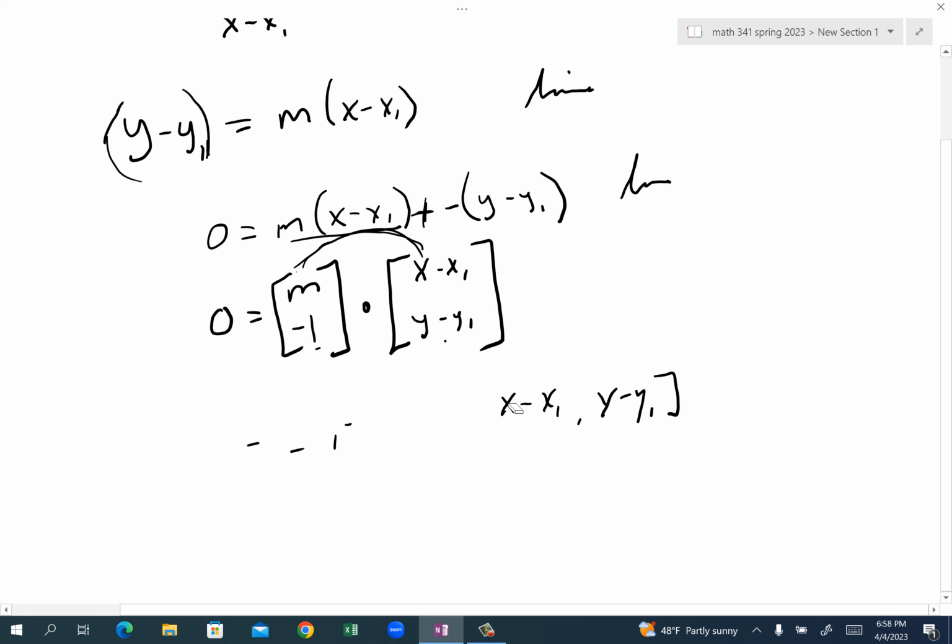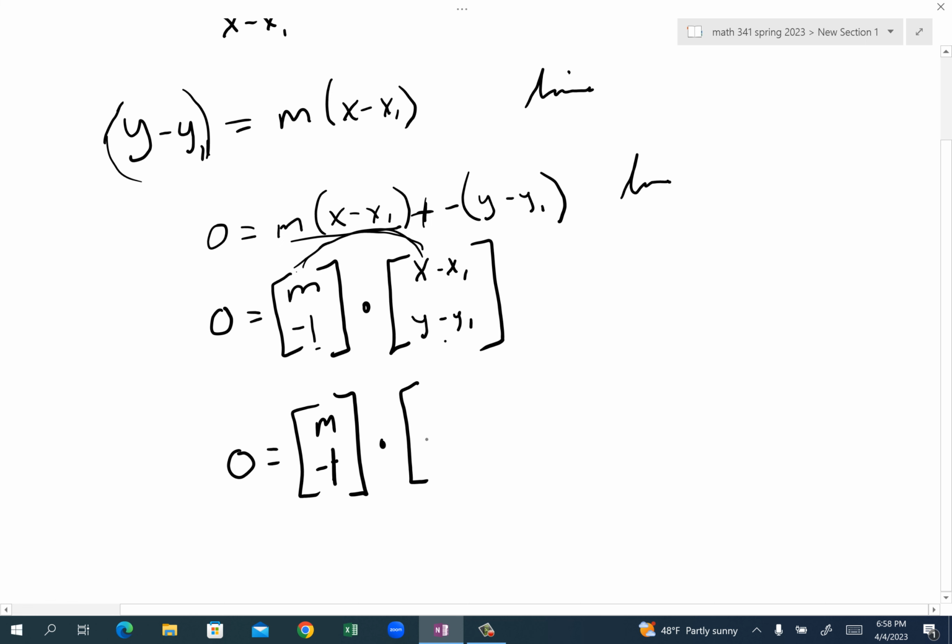Now, what I'm going to do is break this second one into 2 pieces, because to me, this looks like parentheses x, y minus x1, y1, like so. Does that make sense?